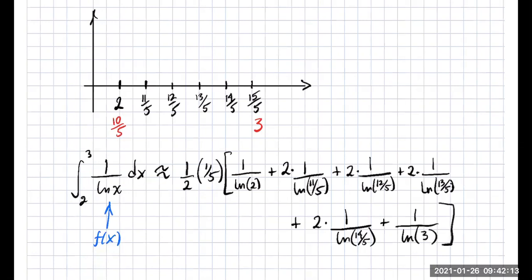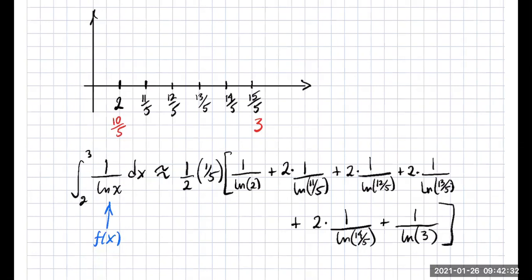So symbolically, that's what the whole thing is going to look like. The next thing you would do, as I mentioned before, is simply input all of this information into your calculator. Or if you like, you can even use, as we mentioned a moment ago, a spreadsheet.